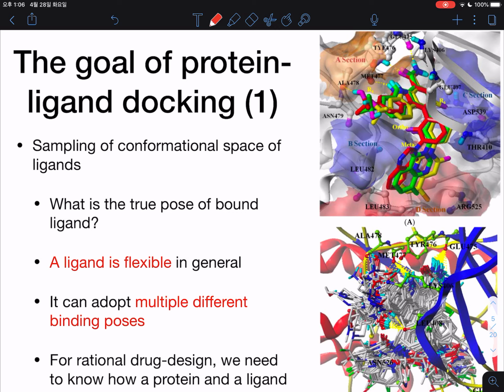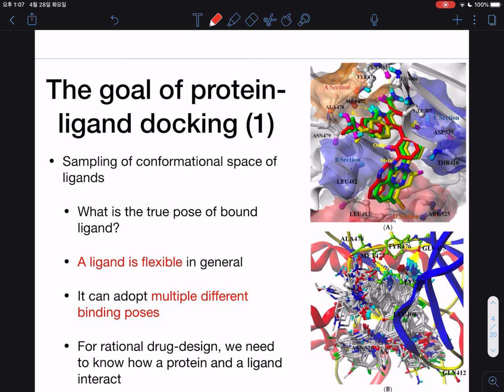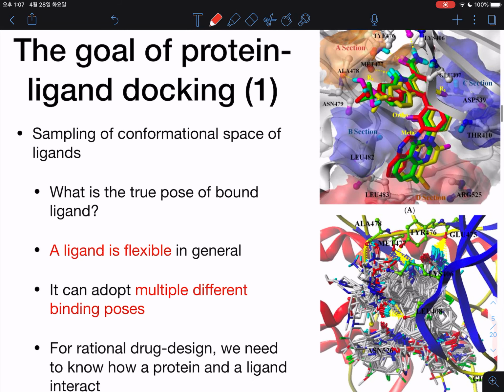But protein ligand docking is not trivial. It's not straightforward. Then why is this so? The goal of protein ligand docking, as I mentioned, is to find the right conformation, the right bound structure. But in order to find it, we have to test multiple possible conformations.